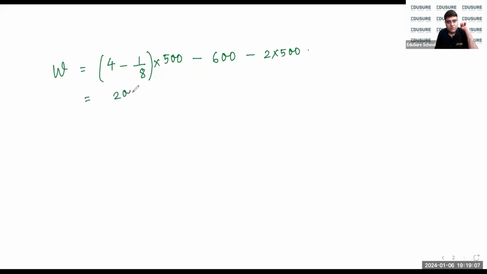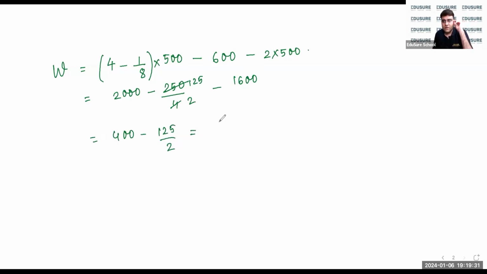So basically 2000 minus 500 by 8, which is basically 250 by 4, that's 125 by 2, minus 1600. 800 minus 125, 675.